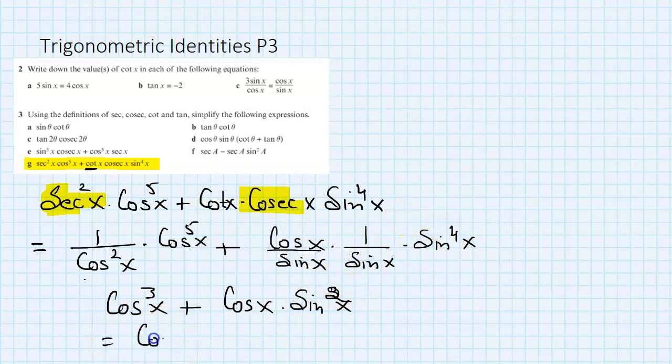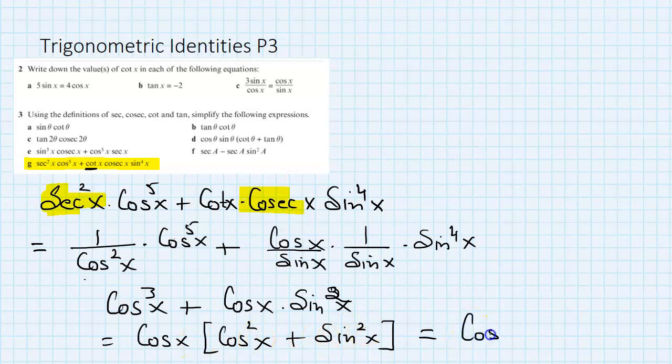Now I have taken common cos x. So I am having here cos square x plus sin square x. I told you in the beginning this is a 1. Sin square x plus cos square x is 1. So this is cos x multiply 1. So that is cos x.